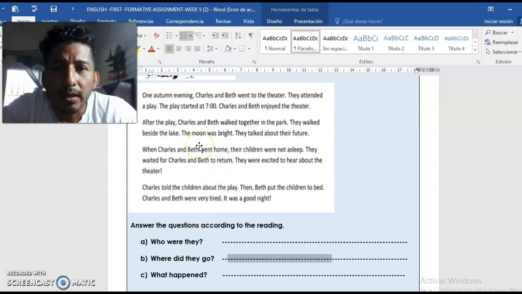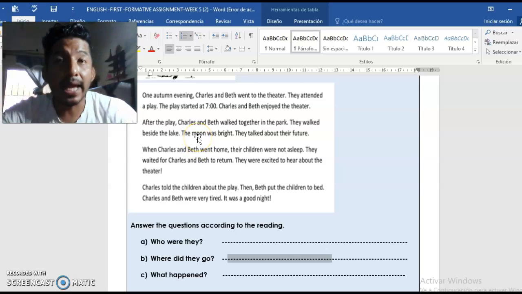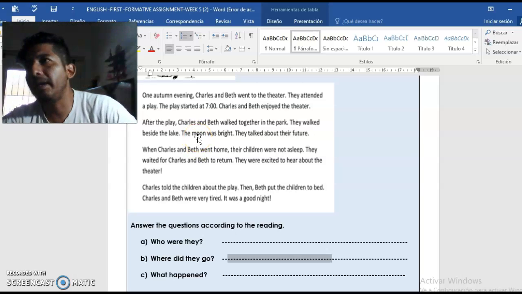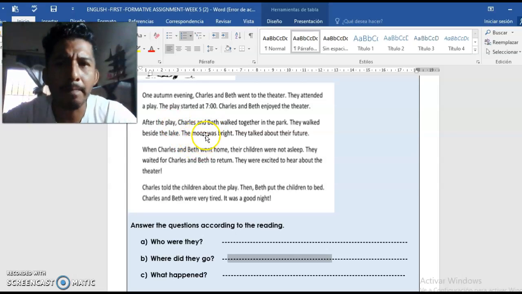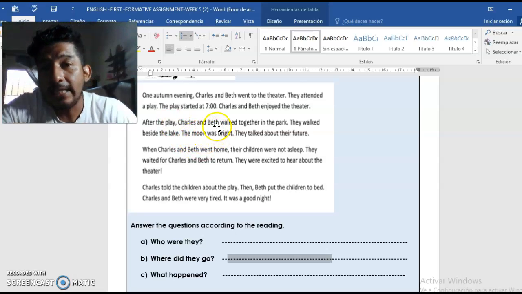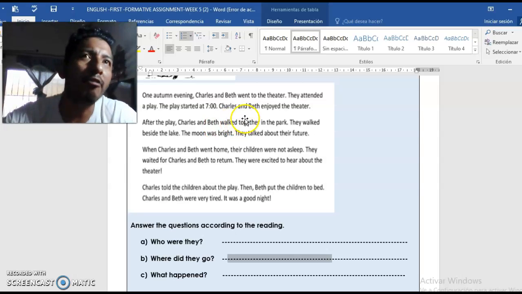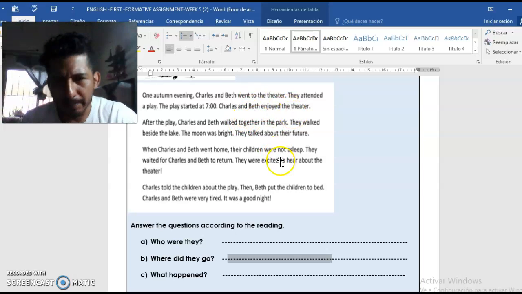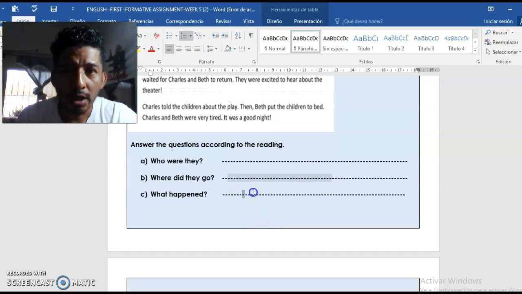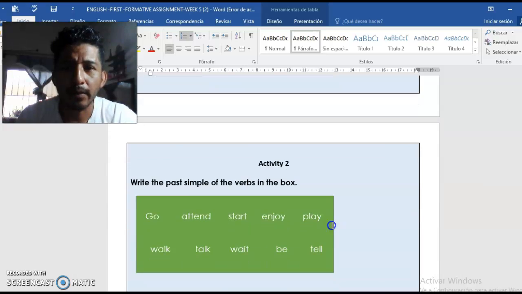The play started at maybe 9 p.m. or 8 p.m., or they enjoyed it, they loved it, they hated the theater. What happened? Your answer must be here.